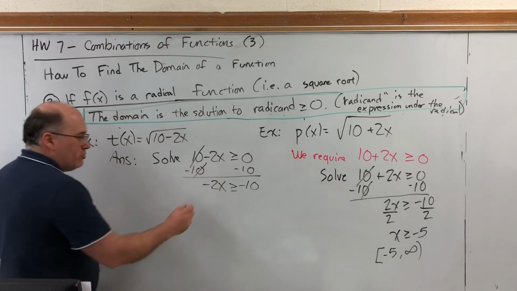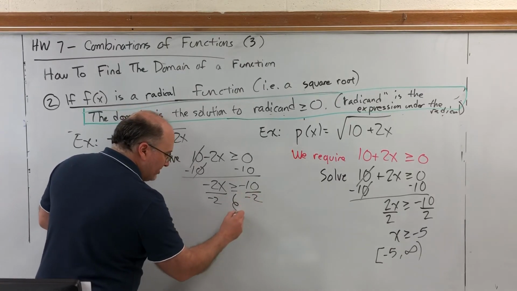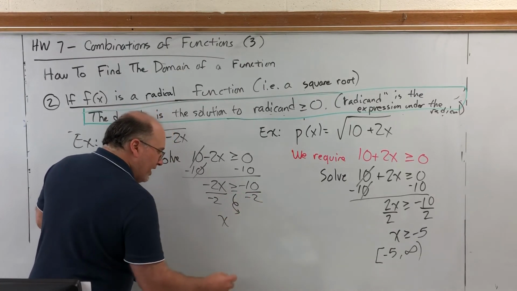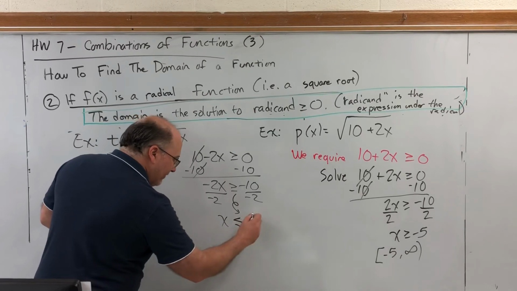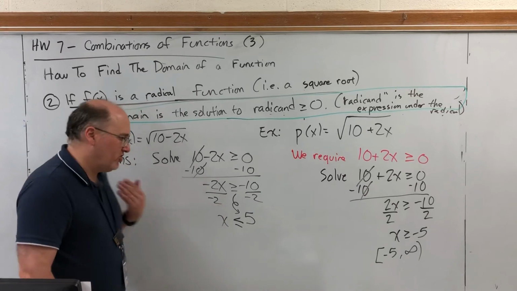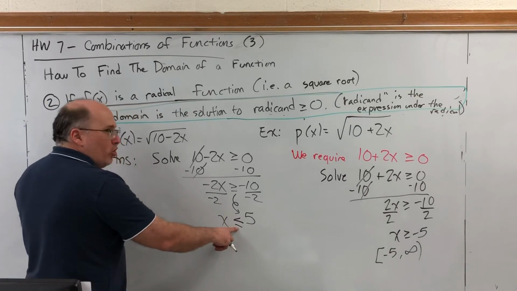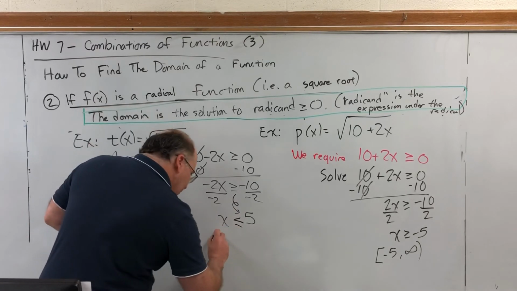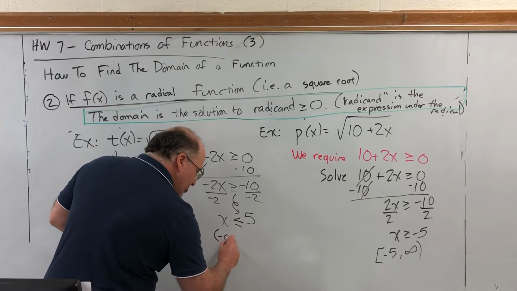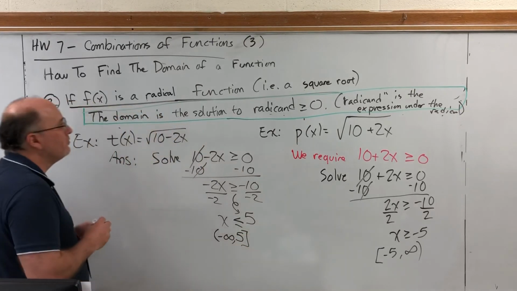But the last move, dividing both sides by negative 2, will cause the sign to flip. And so we get x is less than or equal to 5. If you were to draw this on a number line, you would shade to the left of 5, with a bracket on the 5 because of the or equal to part. And so your interval would be parentheses, negative infinity, comma, 5, bracket.